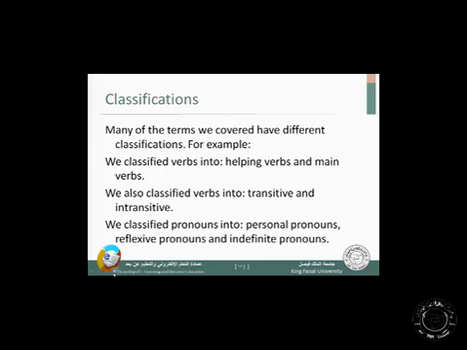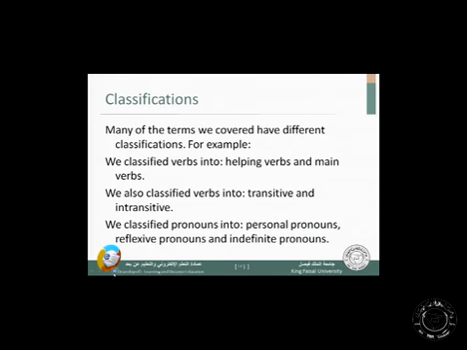Classifications. So we classified many things in many terms in our lectures. So many of the terms we covered have different classifications, and as we said, we classified verbs, for example, into helping verbs and main verbs. We classified also verbs into transitive and intransitive verbs. We classified pronouns into personal pronouns, reflexive pronouns, and indefinite pronouns.